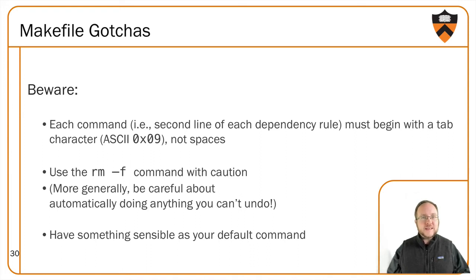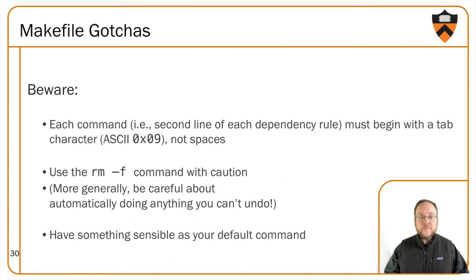And what happens is that they remembered to write a clean or a clobber rule, but they put them as the first target. So typing make just removes all the intermediate files and resets the directory. And so they type make again, and it's a perfectly clean directory every single time. So if you're going to write all as your first rule, it needs to do something meaningful, and all or your actual target should be your first rule.